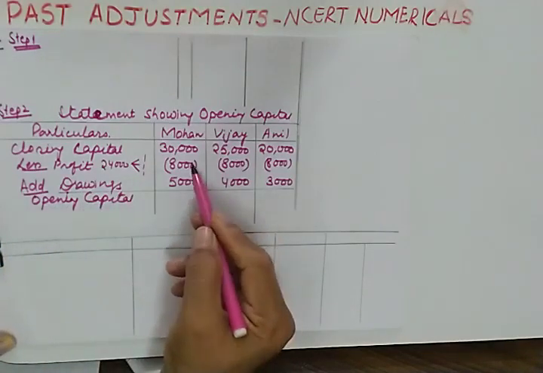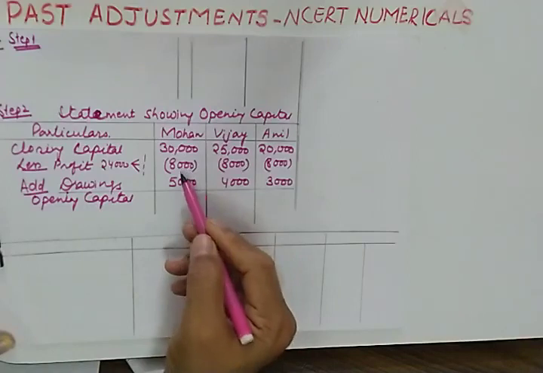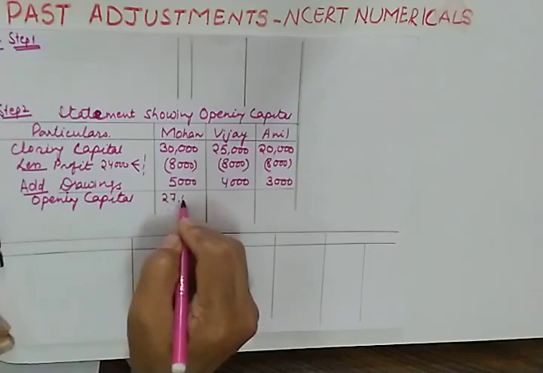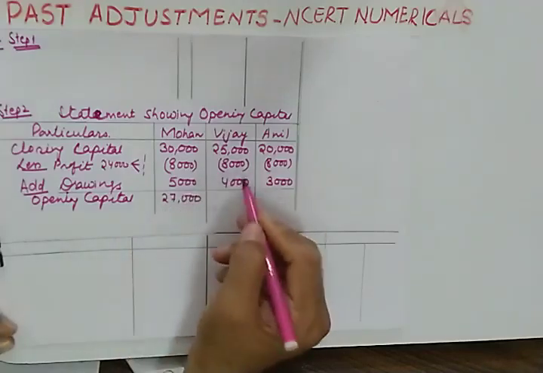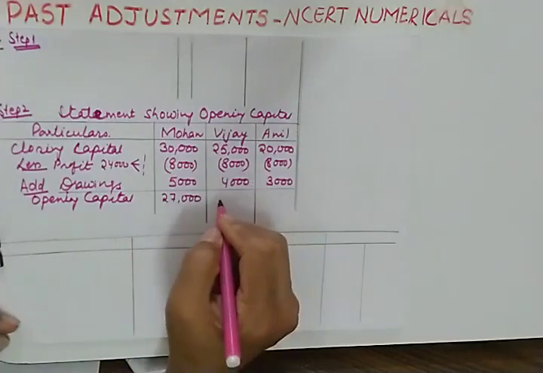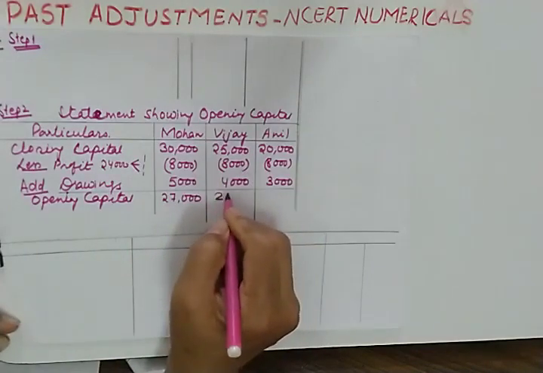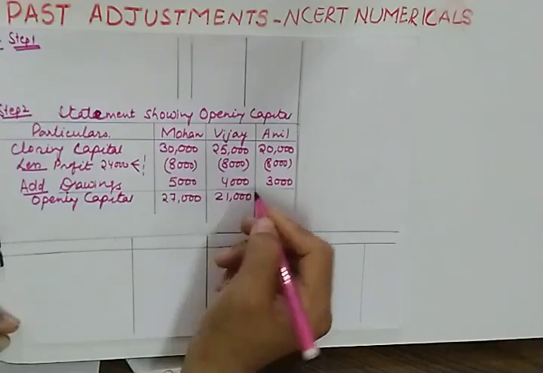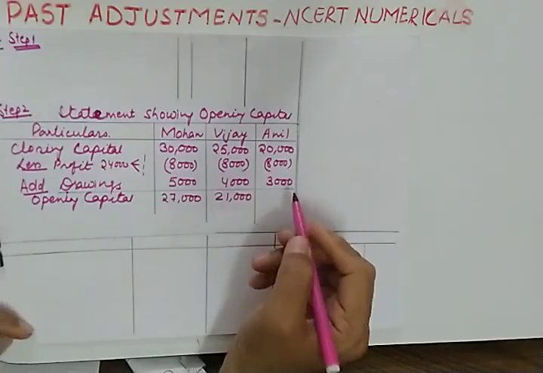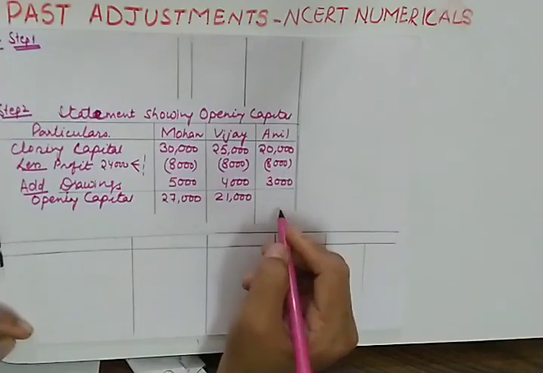You add 30 plus 5, 35, minus 8. So this will give you 27,000. Likewise, you will add 4 and deduct 8,000. So you will be getting 21,000. And the next is 15,000.